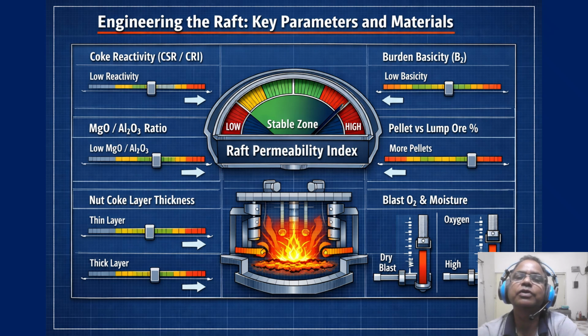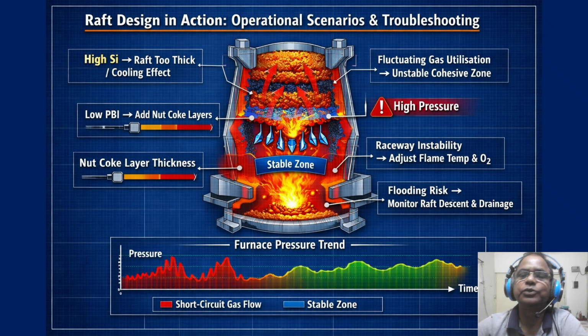If you adjust oxygen by 1%, the raft melting position moves up and down by half a meter. Every shift you touch at least three of these levers. Understand them, and you become the pilot, not the passenger.